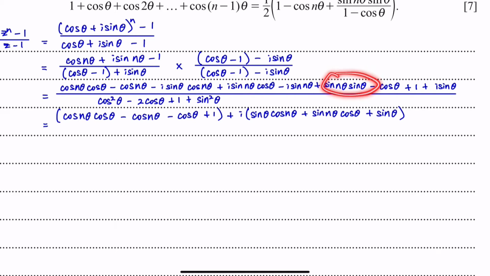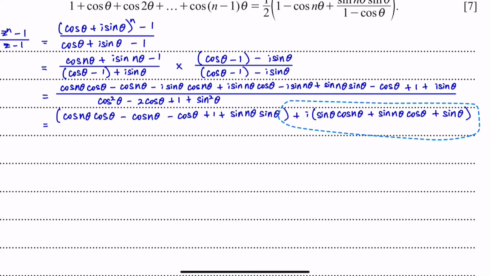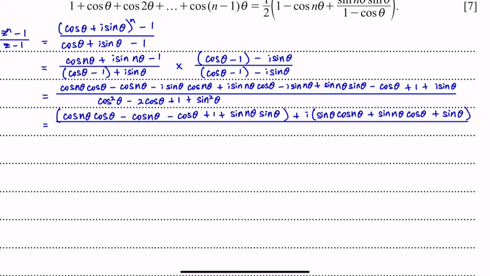Sorry, I forgot to add this. For the real part, we have another term which is sine n theta sine theta. And for the denominator, we can write it as 2 minus 2 cos theta. Like what I said, cos squared plus sine squared is 1. So this is what we'll get.